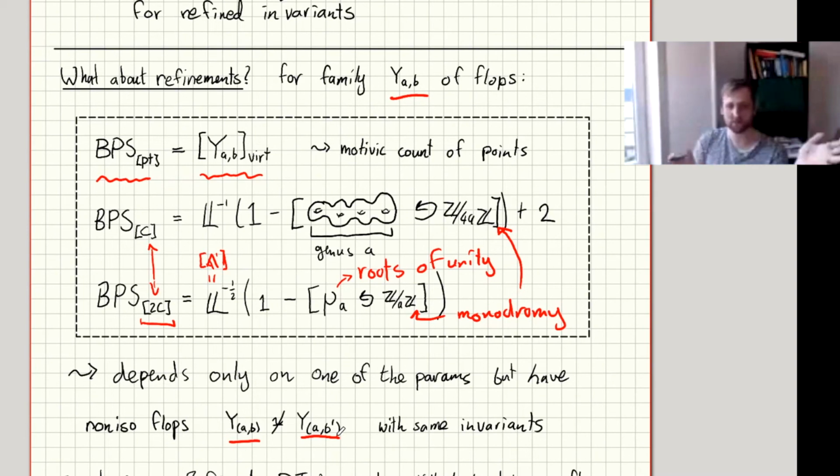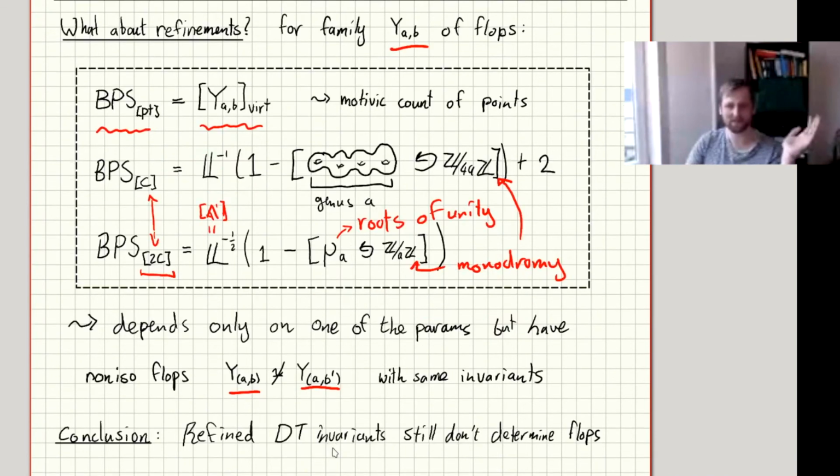So even doing all this refinement, we still can't determine flops, which was a bit of a surprise to me, but I guess it tells us that something is still lost when doing these calculations.